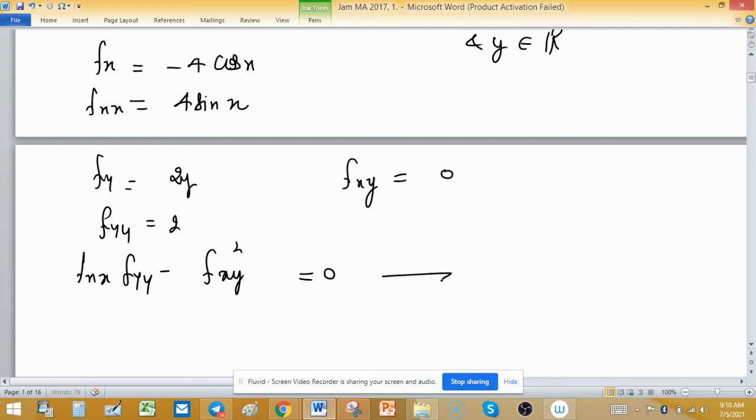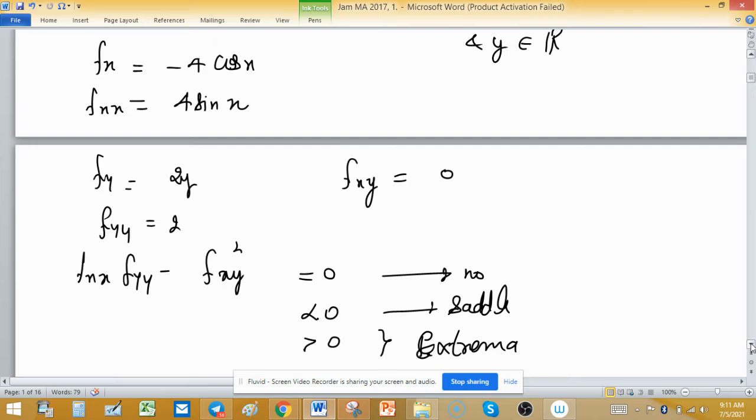Now we will check the sign of fxx fyy minus fxy square. If it is equal to 0, then no conclusion, we need to investigate further. If it is less than 0, then the point is a saddle point. If greater than 0, then the point is a point of extrema. I am saying point of extrema, not local maxima or minima.